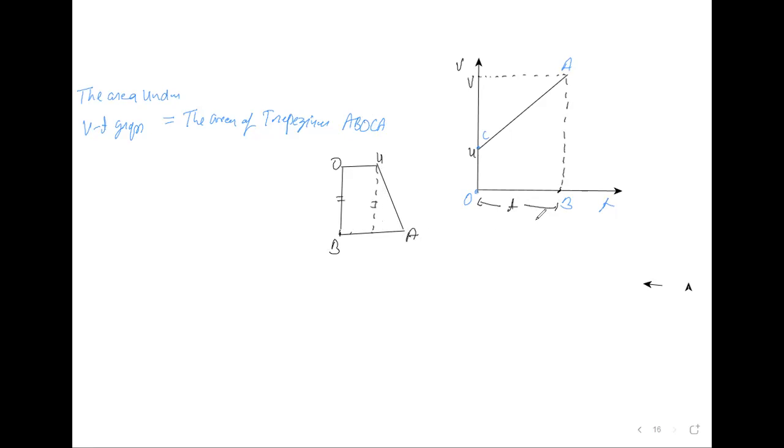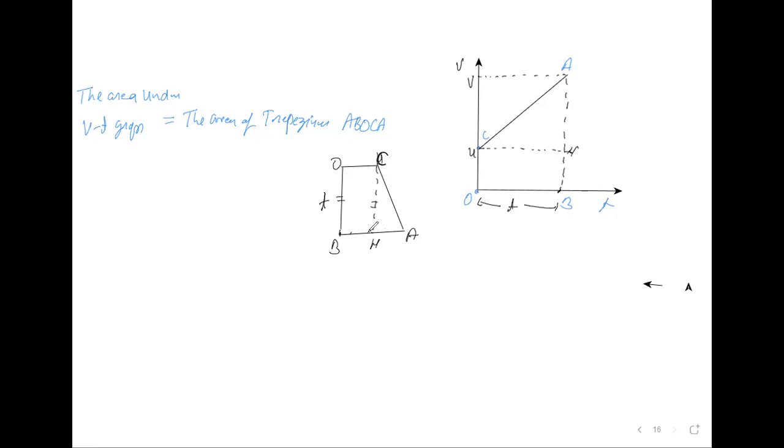Now the measurements: OB has magnitude t. It was C actually. So from C, we draw the perpendicular in this manner, CN.